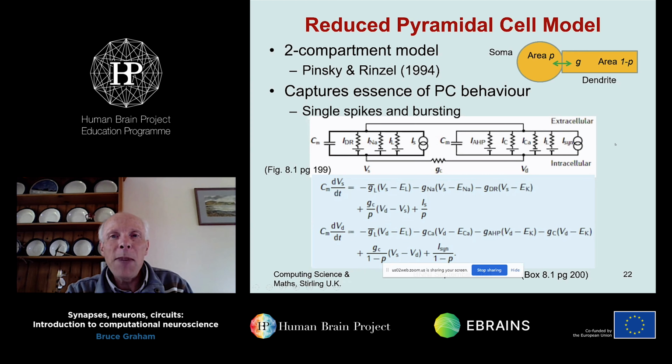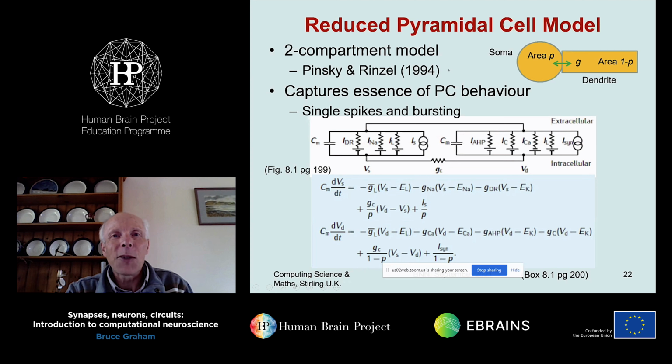Now we can get the same behavior by reducing our model down to just two compartments. One compartment is a soma, the other compartment is a dendrite, where the electrical properties of the two compartments are different. Our dendrite contains calcium channels, which are absent from the somatic compartment.